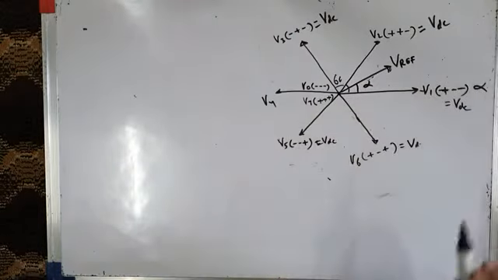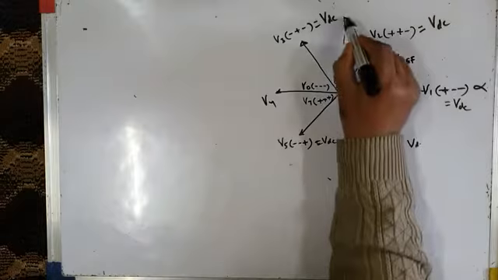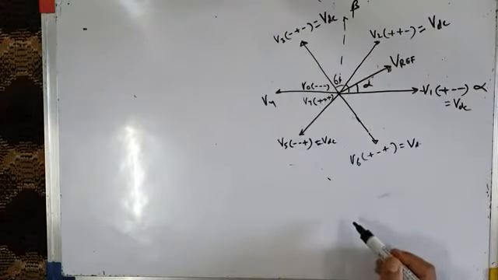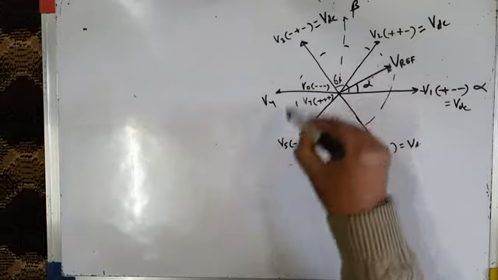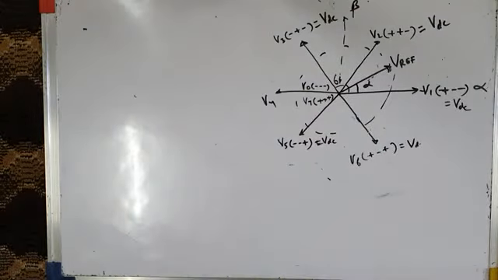This is the alpha axis and this is my beta axis. This rotating reference vector will be rotating continuously in a circular path, and it will generate sinusoidal voltages, not 6-step voltages. The question is how to generate this reference vector.